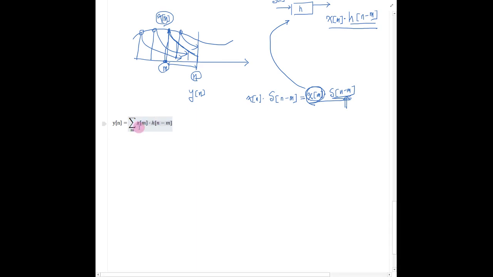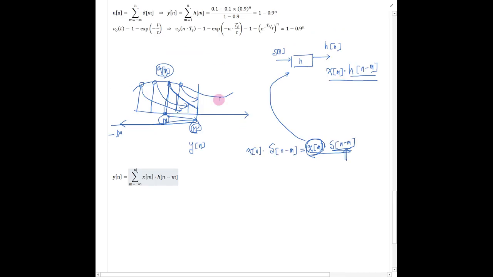But think about what the possible m values are. m should take all values from n down to minus infinity. So the summation range is given this way, minus infinity to n. If this system is a causal system, the future data cannot affect the current data value.